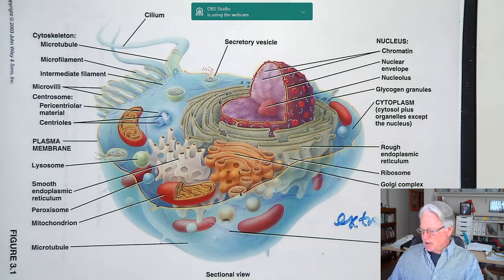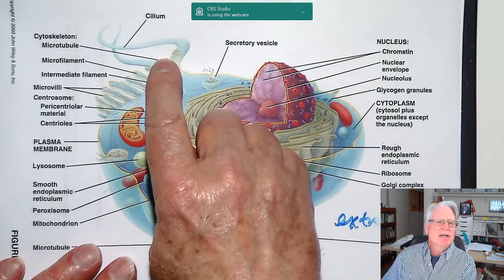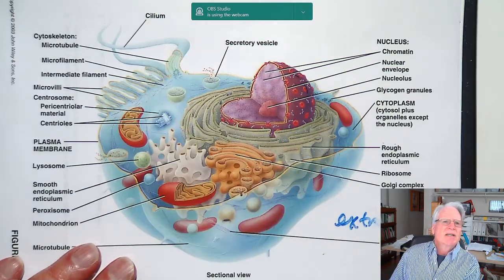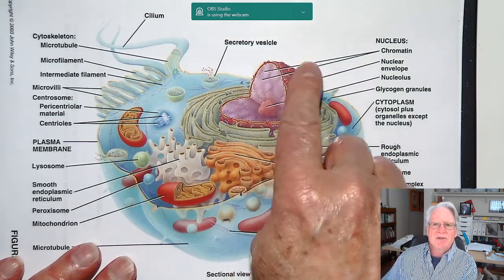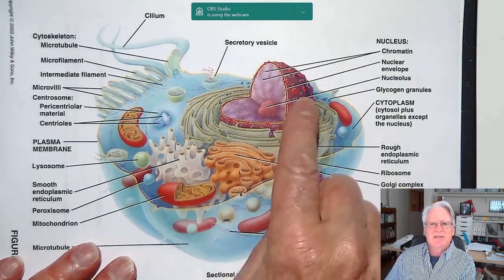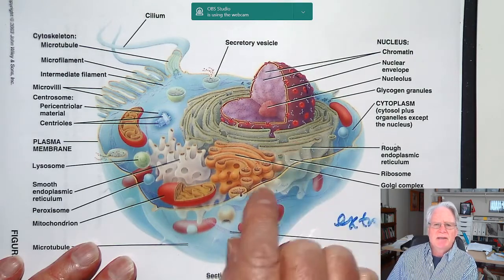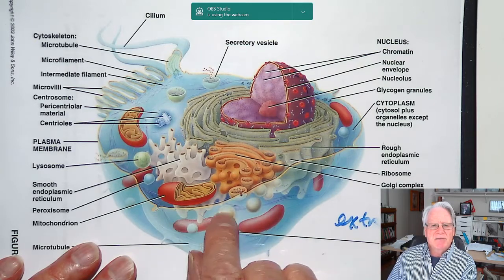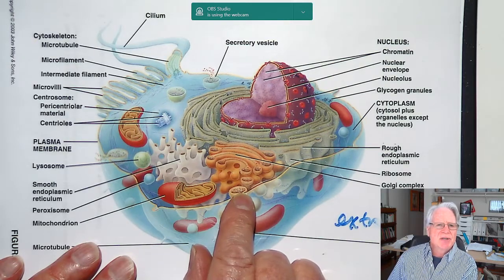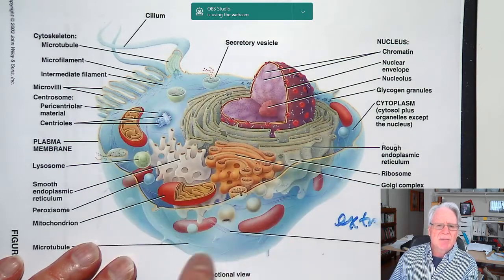Just to give you a sense, we'll be talking about microvilli, we'll look at cilia, and all of these structures that are defined as organelles, such as the nucleus, the endoplasmic reticulum, Golgi complex, mitochondria, and vesicles. So a variety of things. This is a typical cell.